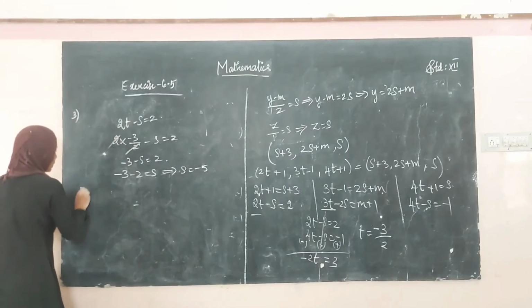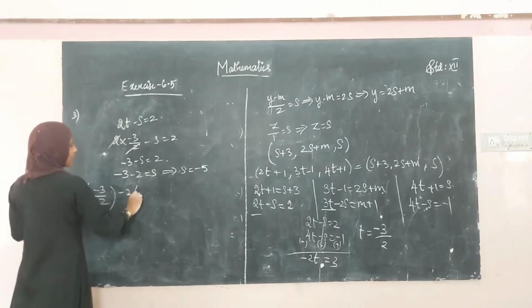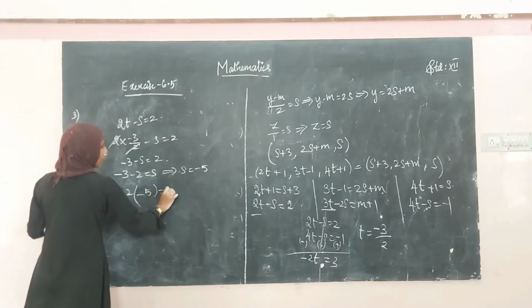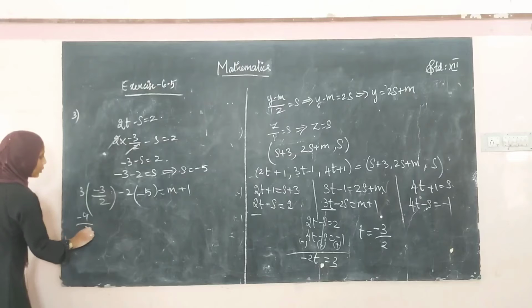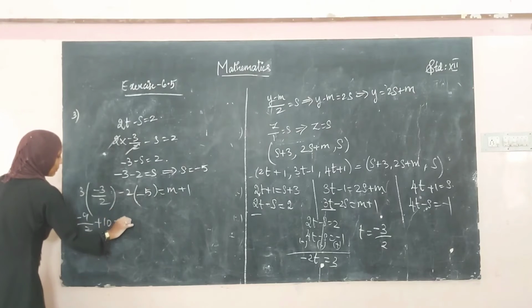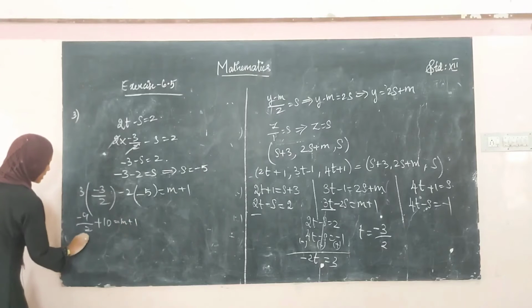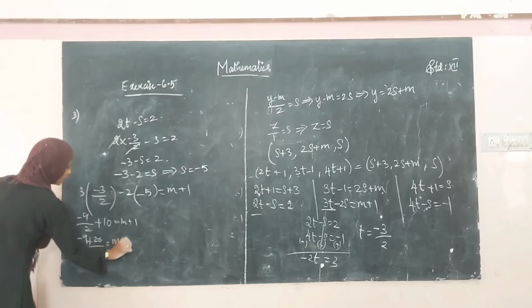So 3 into, what's the value of t? It is minus 3 divided by 2, minus 2 into, what is s? s is minus 5, equal to m plus 1. Okay, so it is minus 9 by 2 plus 10 equal to m plus 1. Minus 9 plus 20 divided by 2 is equal to m plus 1.